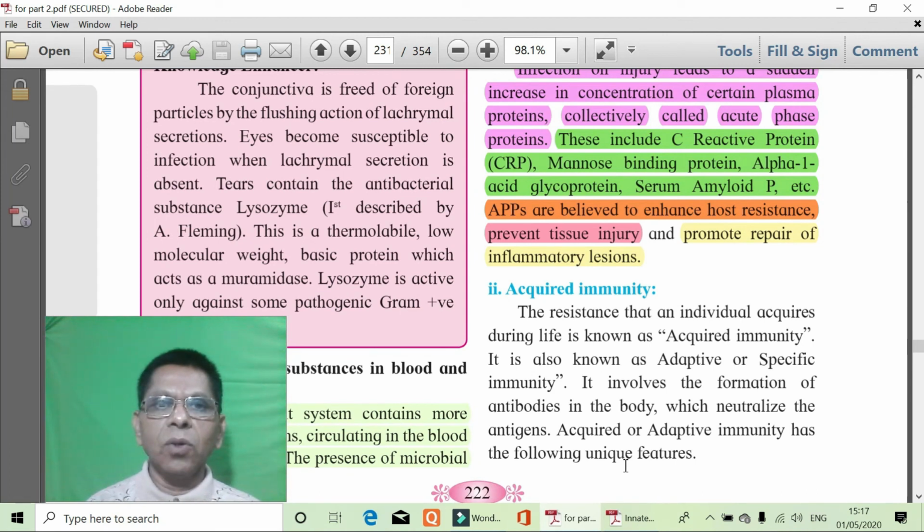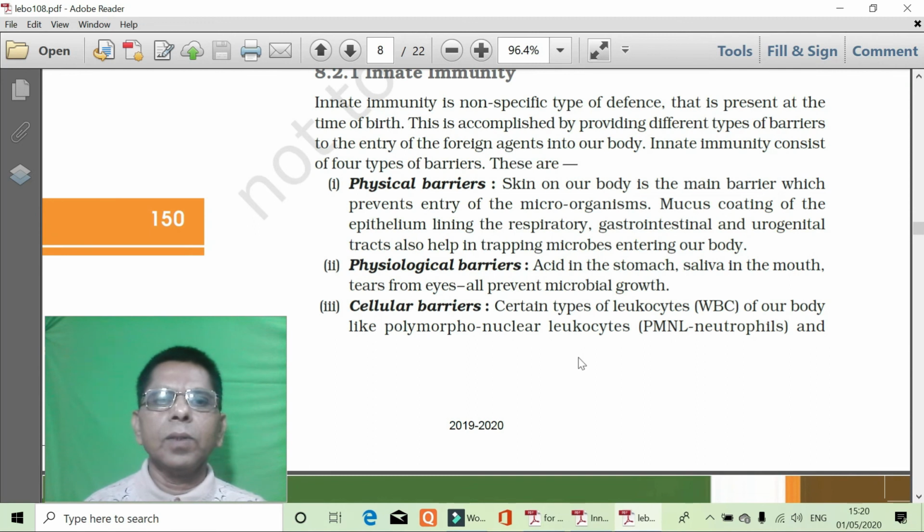So now let's proceed toward the CBSE textbook. See the physical barriers and the physiological barriers. Today we are dealing with only these two barriers. Now as per the physical barriers, it has been mentioned here, skin on our body is the main barrier which prevents entry of microorganisms.